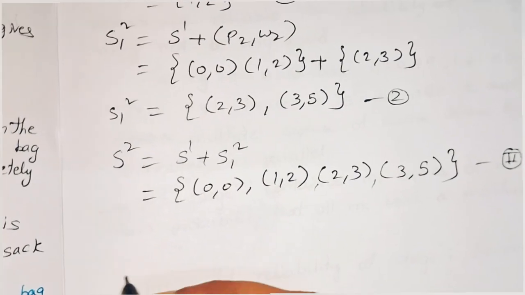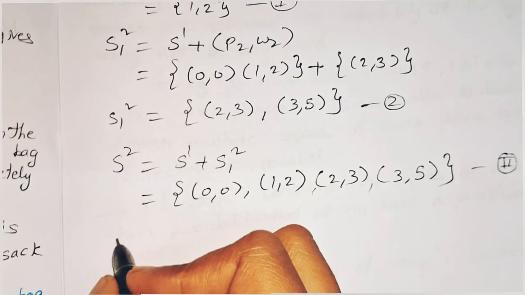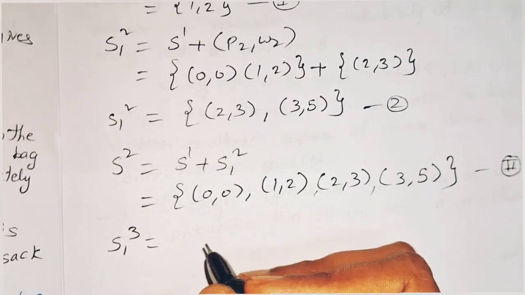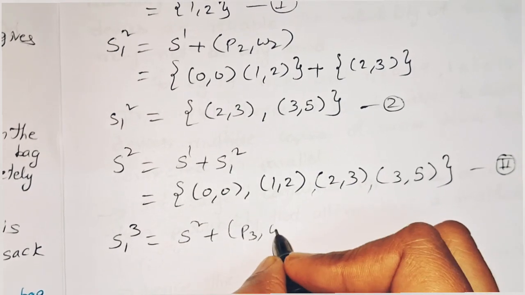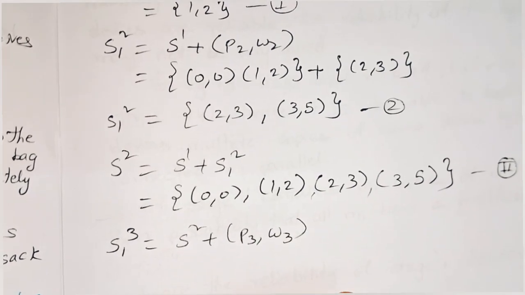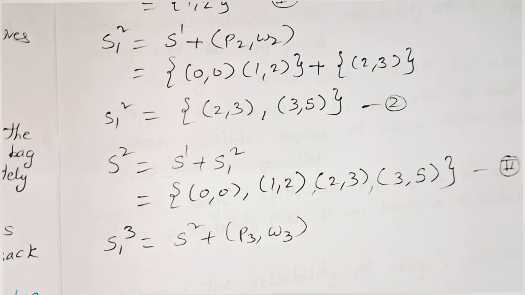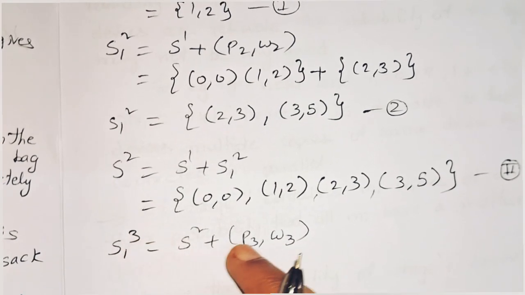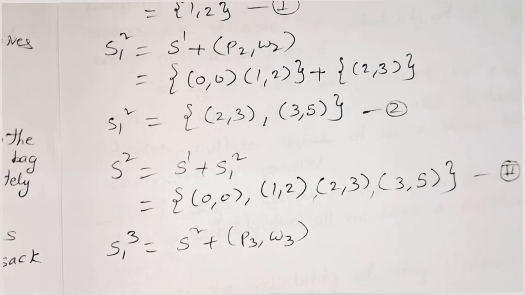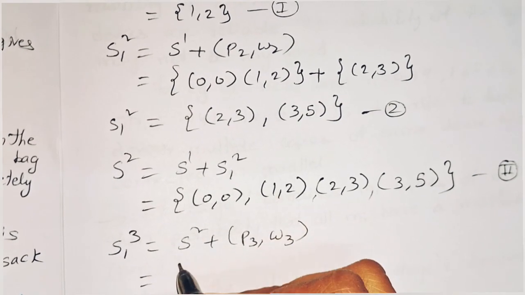Now let us consider the next item. So what is the next item? Third item. So S13 equals to S2 plus P3 W3. Okay. So by applying this formula we get this value. S1I, so ith item is third item. So S2 plus P3 comma W3. So what is the S2 value here? This one, right?